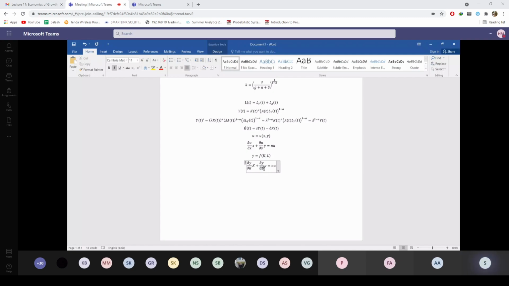Suppose I say that labor and capital are paid in terms of their marginal product. So what is happening here?